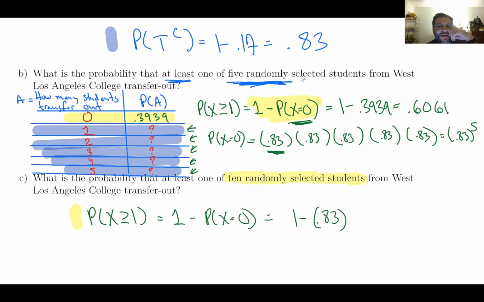And what's the only thing I had to change to the 0.83? What should I do to it? Perfect. You take it to the 10 power because that's how many students you're randomly selecting.